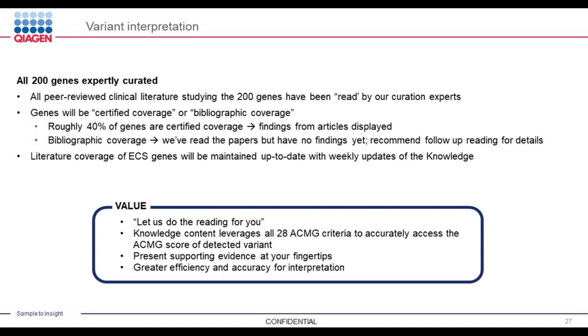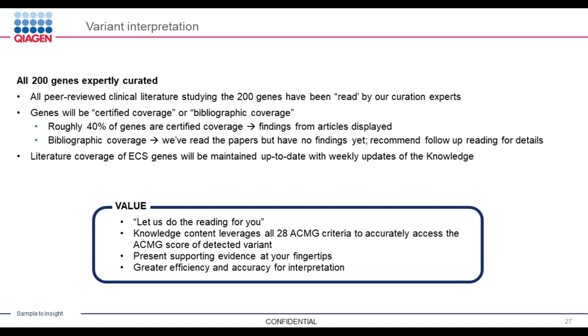And then it's our job to maintain the currency of the literature coverage for these expanded carrier screening genes and to perform weekly updates of this knowledge. And so the value we have with this particular ECS panel is that you can let us do the reading for you, and the knowledge leverages all 28 ACMG criteria to accurately assess the classification of the detected variant.